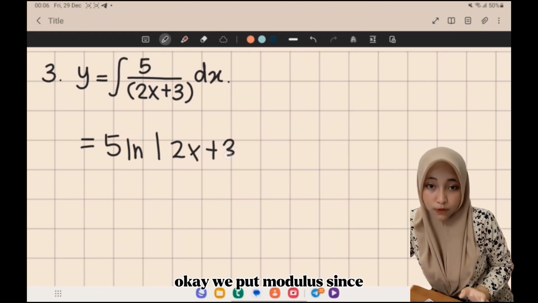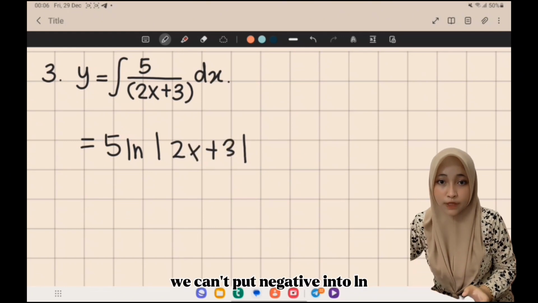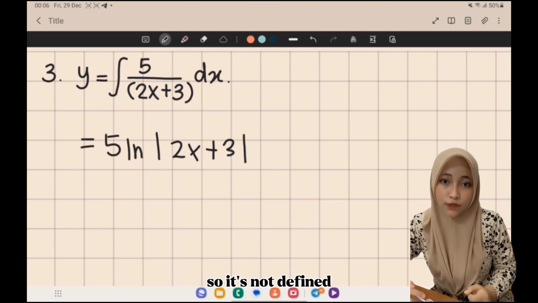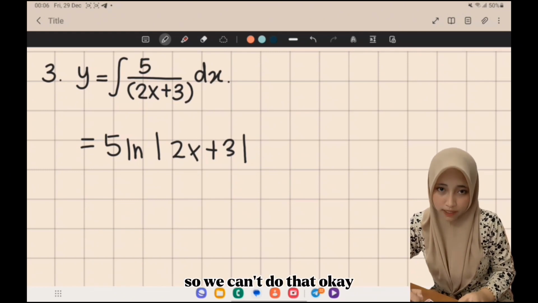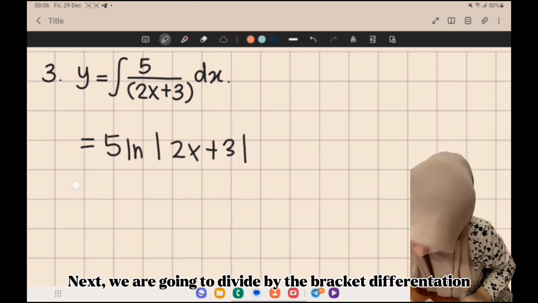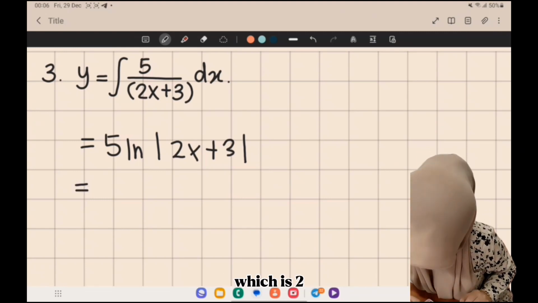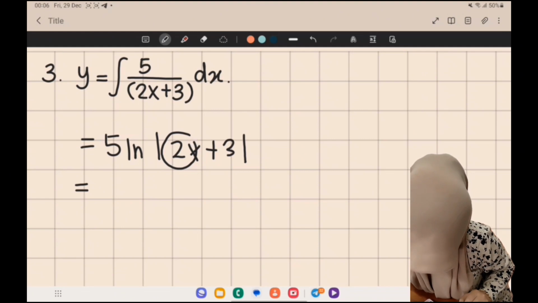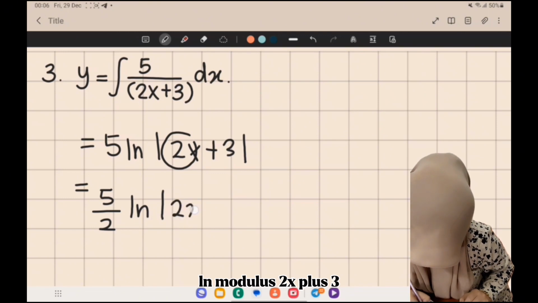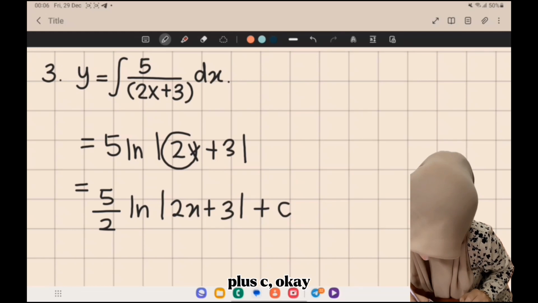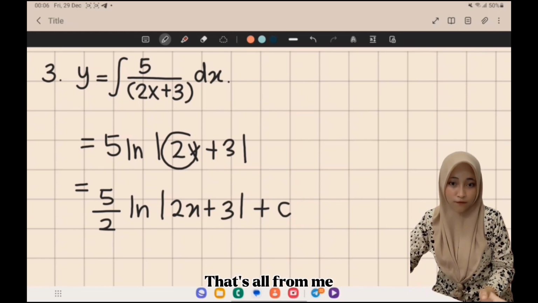We put modulus since we can't put a negative into ln, it's not defined, so we can't do that. Next we are going to divide by the bracket differentiation, which is 2. In this case, it gives us 5 over 2 ln modulus 2x plus 3 plus c. Okay, that's all for me.